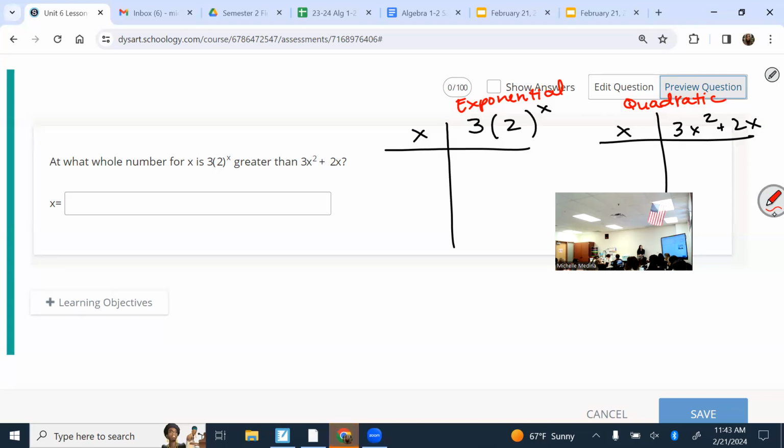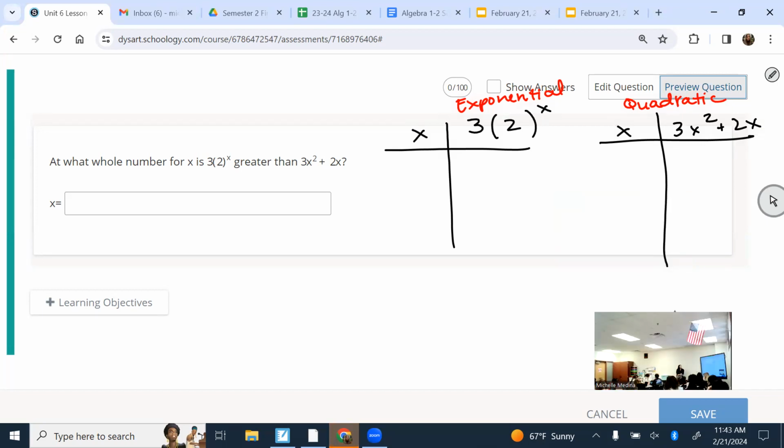Now, you have a few options, like you could also graph it and try to see, but I think whole numbers are positive and non-decimals. Whole numbers also include zero, so we can try zero too. And then 0, 2, 4, 5.